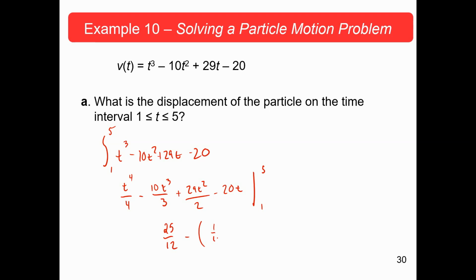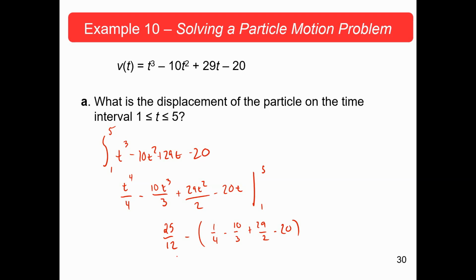So minus 1/4 minus 10/3 plus 29 halves minus 20. So you get 1/4 minus 10/3 plus 29 halves minus 20.